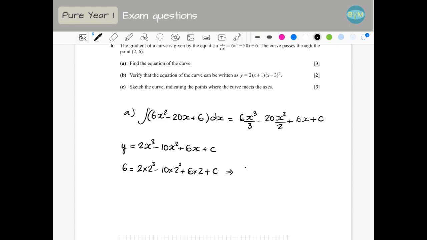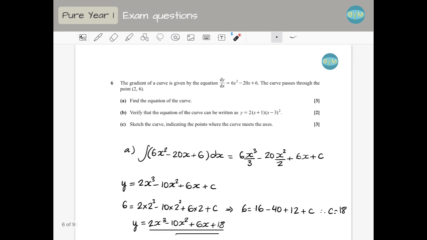From here, 6 is 16 minus 40 plus 12 plus c, and therefore c is 6 plus 12, which is 18. I can write my function as 2x cubed minus 10x squared plus 6x plus 18. That's the curve I'm looking for.